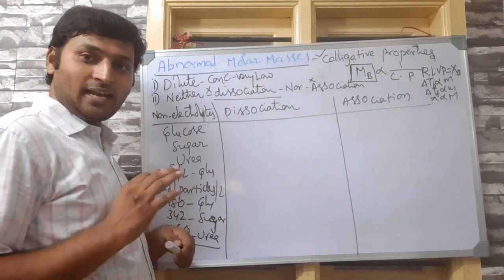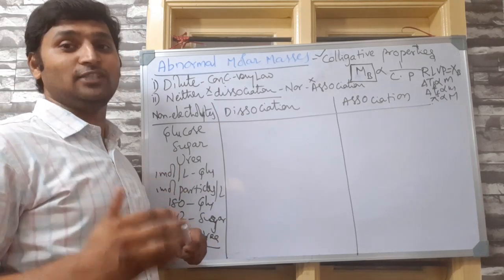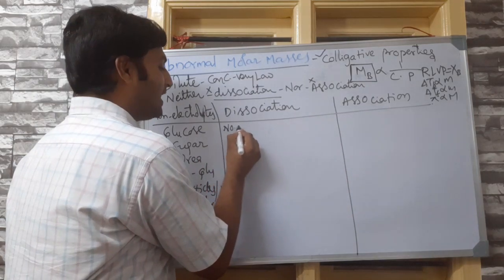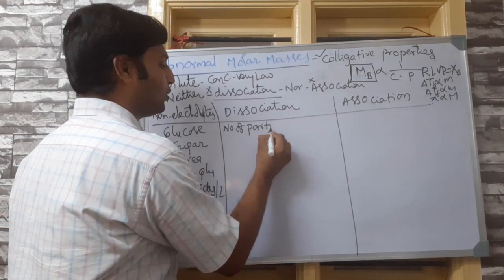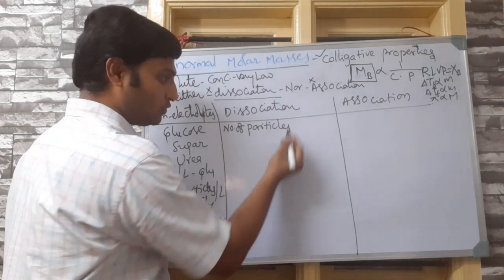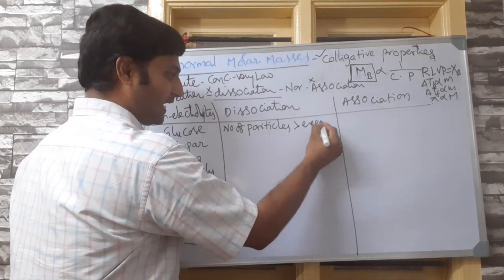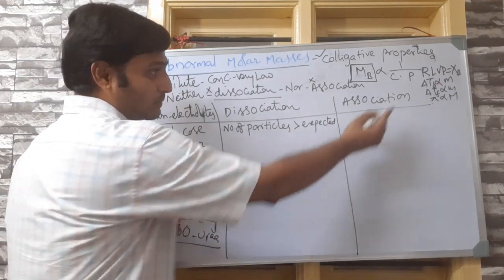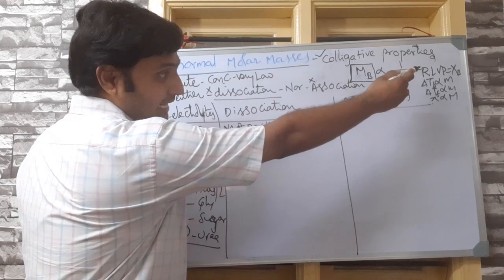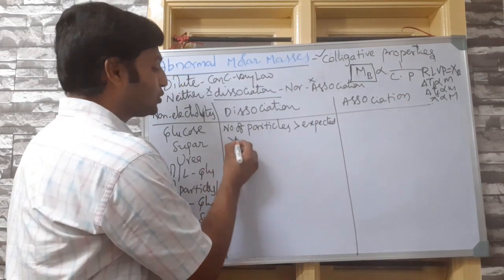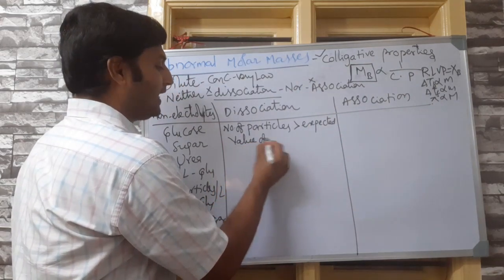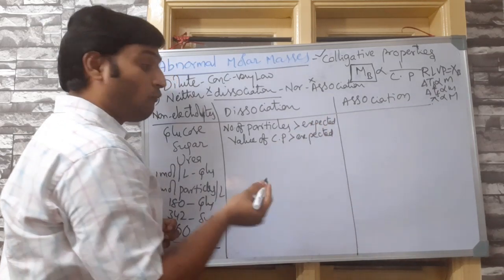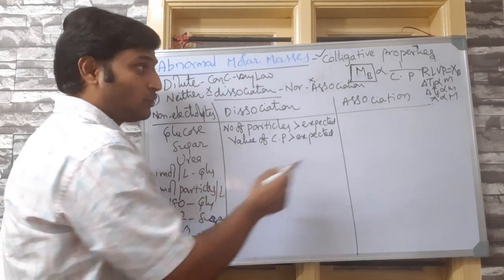Dissociation. Now, what is the problem if it dissociates? If it dissociates, the number of particles of solute in the solution will be more than expected. Every colligative property is directly proportional to the number of particles, so the value of the colligative property will be more than expected.